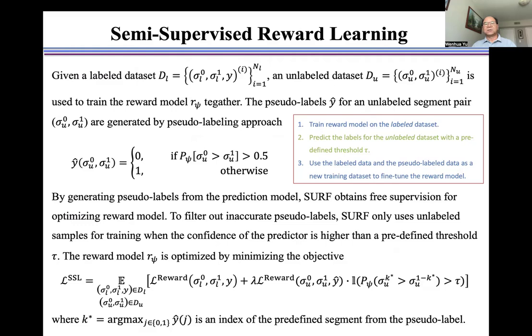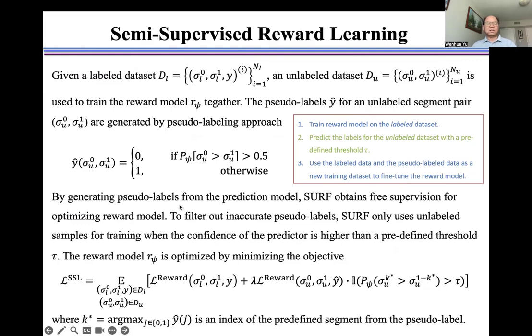The pseudo-labels y hat for the unlabeled segment pair sigma U0, sigma U1 are generated by the pseudo-labeling approach as shown here and explained here. First, train the reward model on the labeled dataset. Then predict the labels for the unlabeled dataset with a predefined threshold tau. Finally, use the labeled data and the pseudo-labeled data as a new training dataset to fine-tune the reward model.